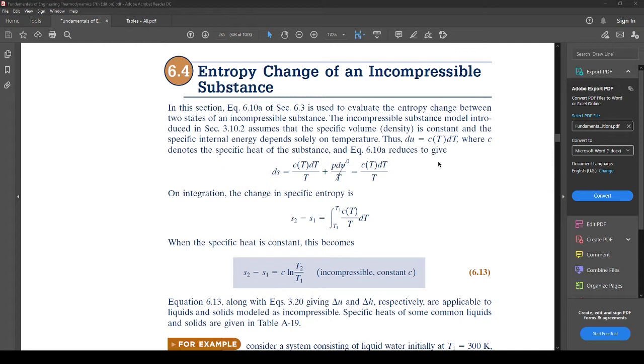The incompressible substance model introduced in section 3.10.2 assumes that the specific volume (density) is constant and the internal energy depends solely on temperature. Thus, du is equal to C(T) dT, where C denotes the specific heat of the substance, right? And then equation 6.10a reduces to this. Or, on integration, it changes to this, right?